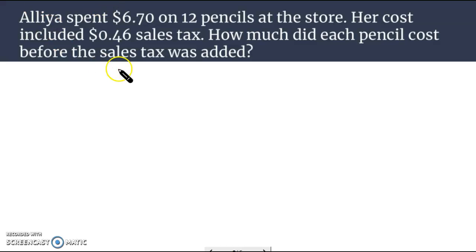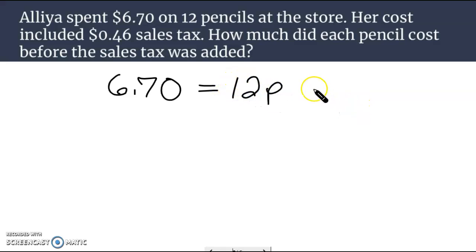We'll set up the equation first. $6.70, how much she spent total, and that was 12 times P, the cost of the pencils, and then remember it says in the problem we also include a 46 cents sales tax. So here's the setup: 6.70 equals 12P plus 0.46.